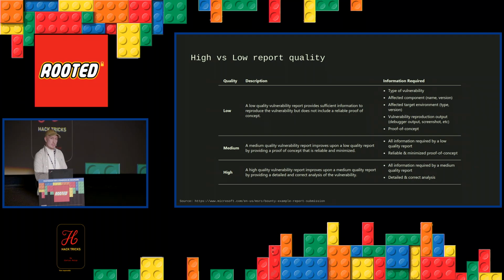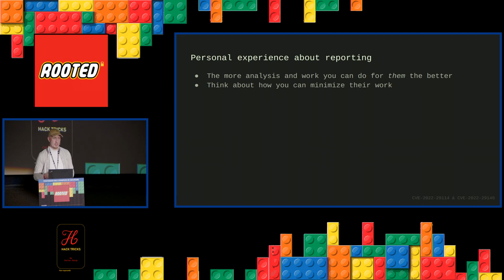So obviously, you have to kind of understand what is going on. And my personal experience about reporting is that the more analysis and work you can do for them, the better payout you get, and the faster they will patch a vulnerability. So you should think about how can you minimize their work. Don't let them try to understand your proof of concept. Don't let them start reverse engineering everything and trying to spot the vulnerability.